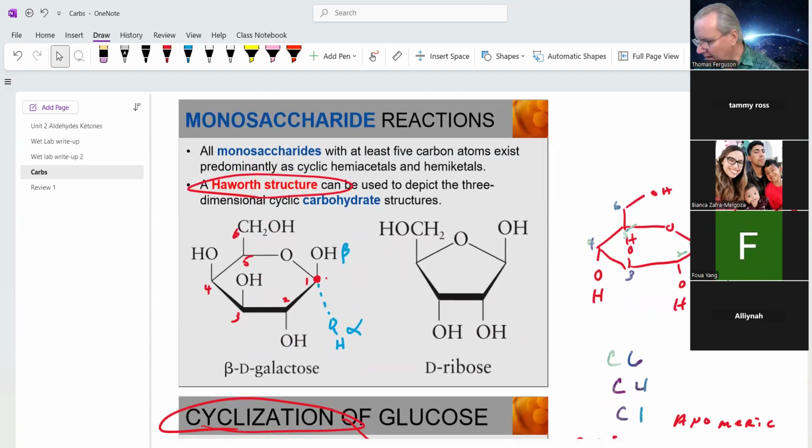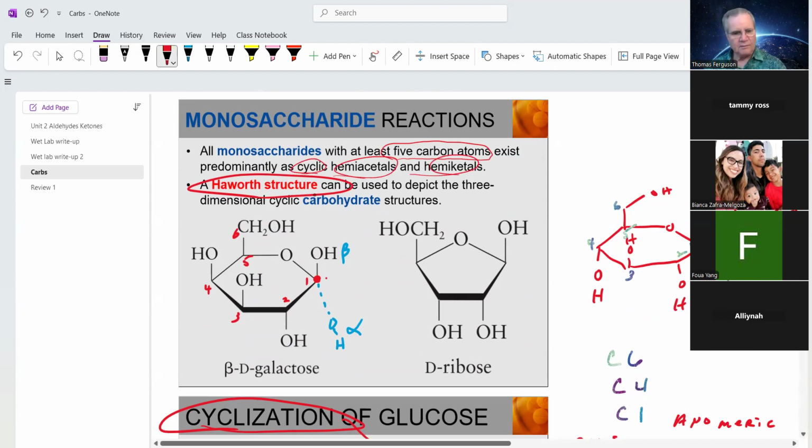Okay, so basically, anything that has 5 carbons or more usually exists as the cyclic hemiacetals or ketals. Now we're going to be using the Haworth structures to draw all these.